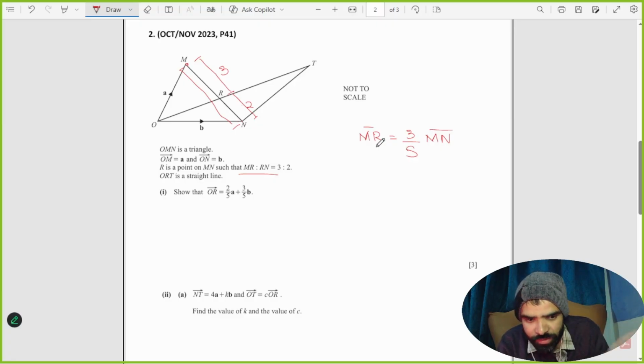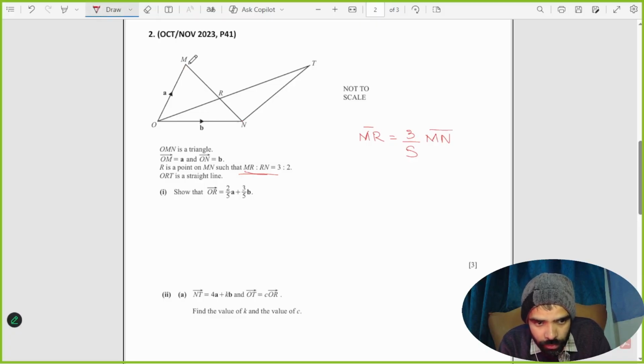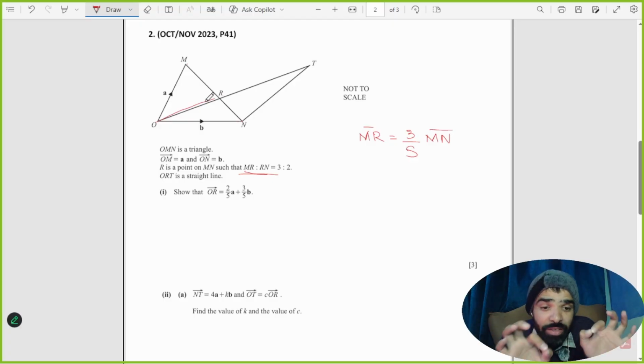So you can find MR instead, and then we can consider the upper triangle OMR to find OR, correct? So this is from the given information. Now things become very easy. You can consider this triangle, because to find OR it must always be making a triangle.